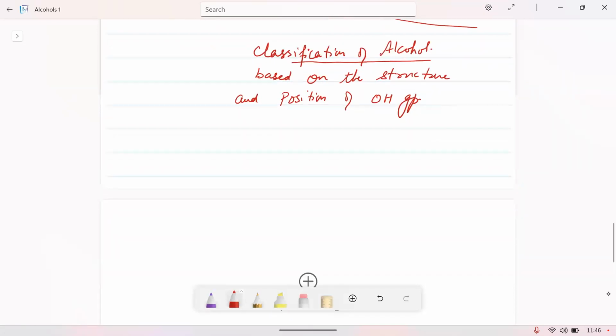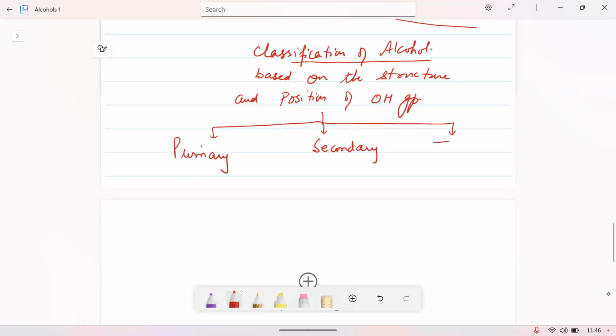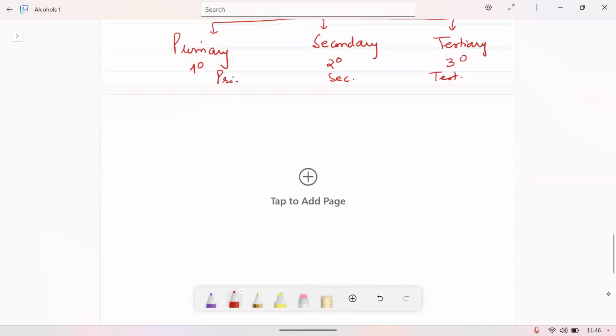So there are three kinds: primary, secondary, and tertiary alcohol. Very important. There are slight differences between the reactions also. Primary is represented by 1 degree, this is 2 degree, this is 3 degree, or you show it by prim., sec., and tert. So let's understand the difference.